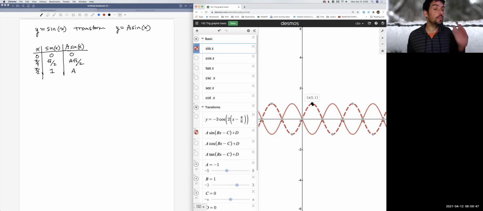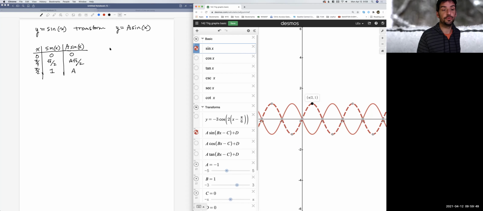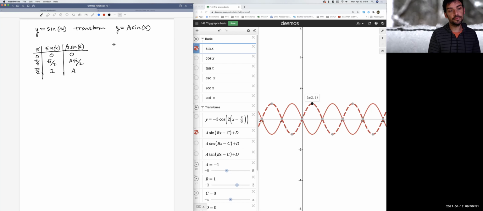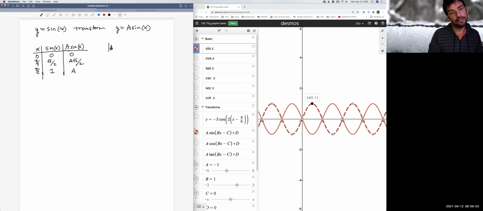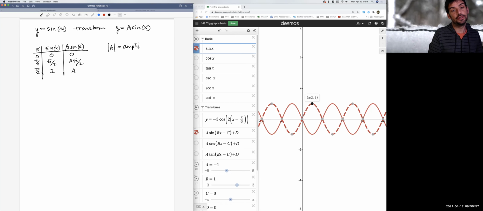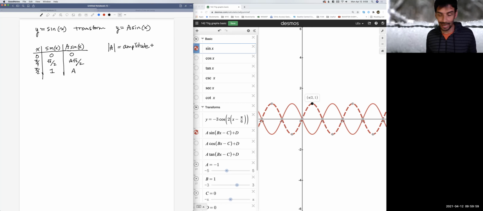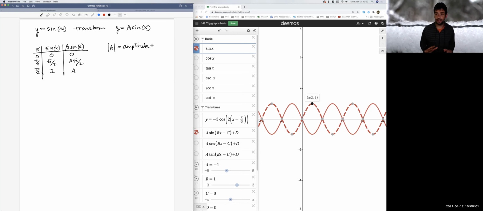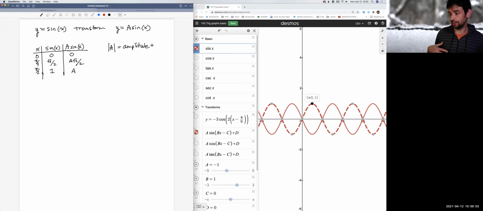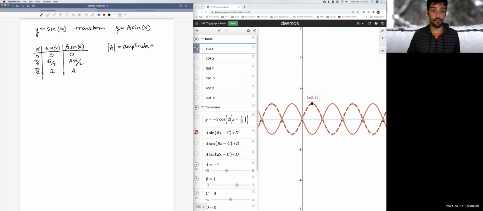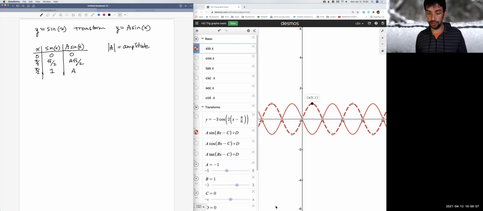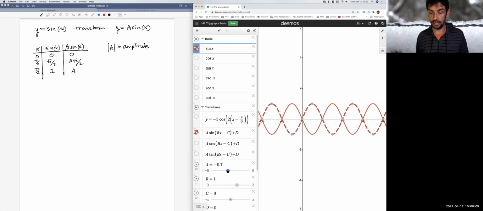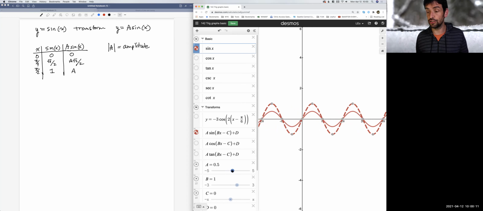So we give a name to this, we will call a, or the absolute value of a, the amplitude, okay? And it's exactly the same as any vertical stretch that you may have learned about for any function in the past, but we do give it a special meaning when we have sinusoidal functions.